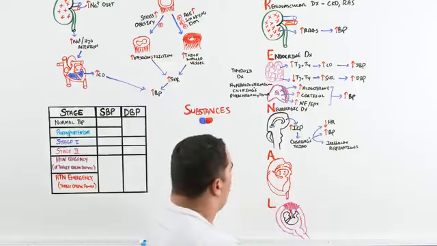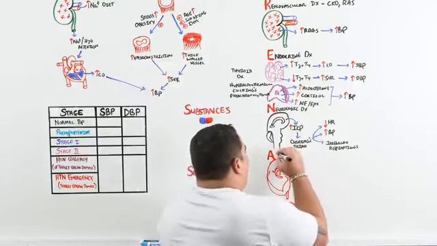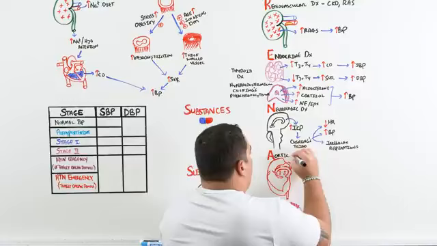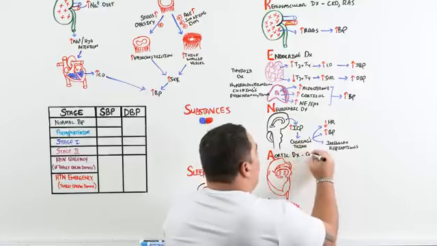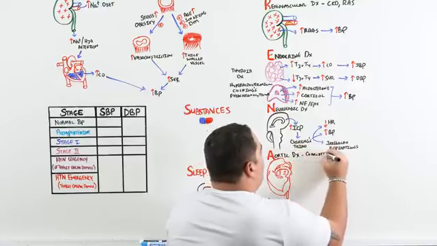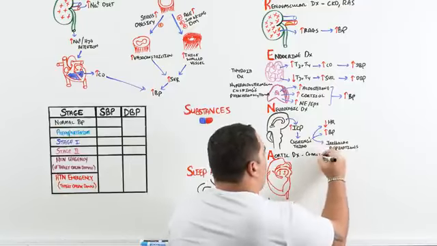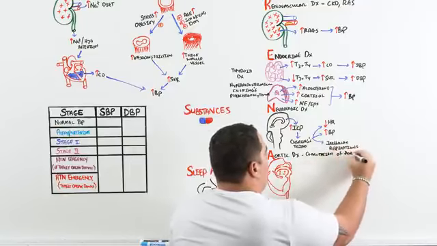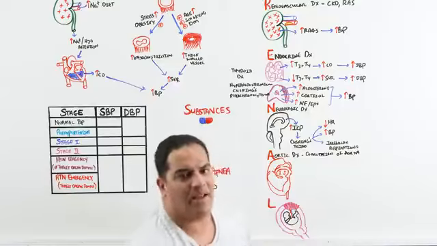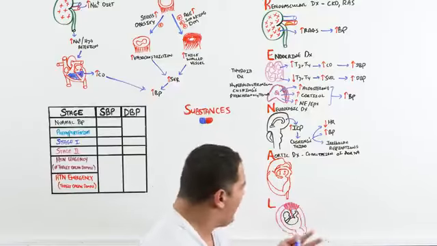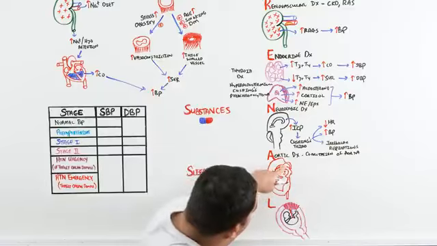All right, the next one. You really want to think about this one, aortic diseases. You want to think about something called a coarctation of the aorta. This is usually going to be something you see in very young individuals, and you see how it's a narrowing of the actual aortic lumen.